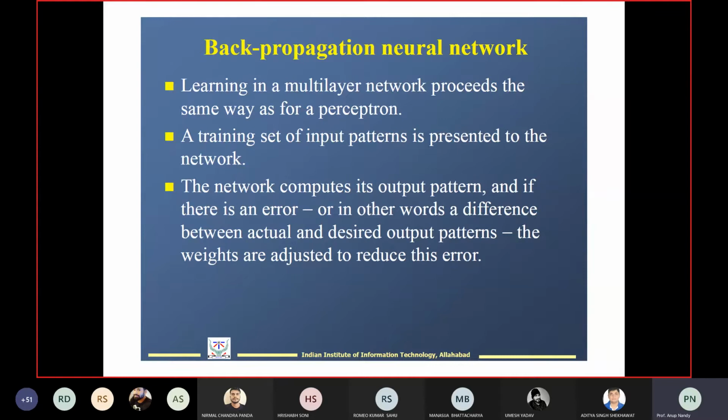If you find a difference between the actual and the desired output pattern, then to reduce the error you have to adjust the weights in such a way that the error is reduced. That is your main objective.